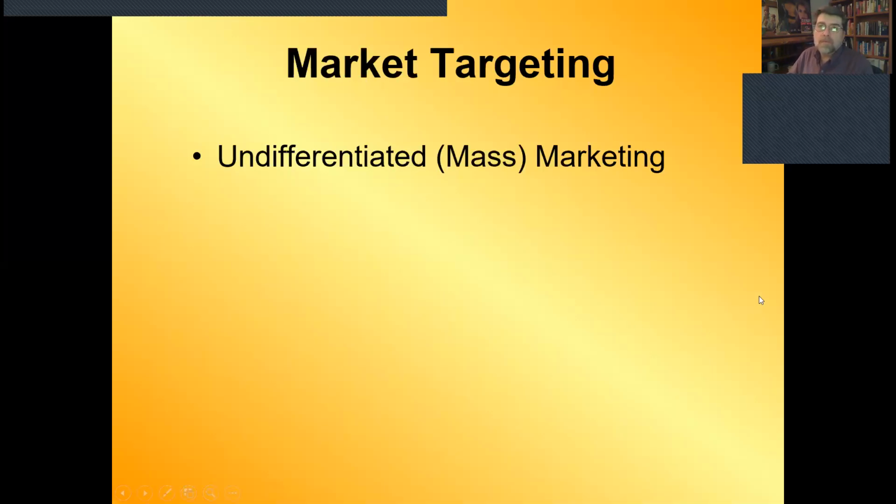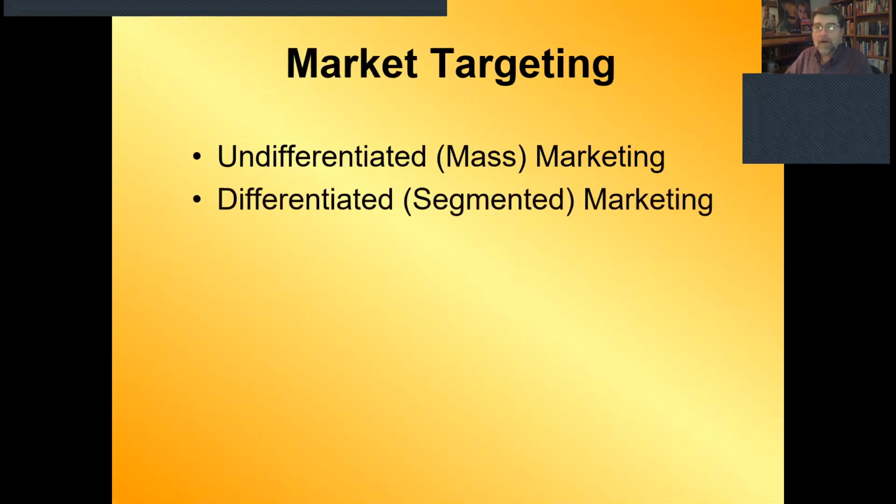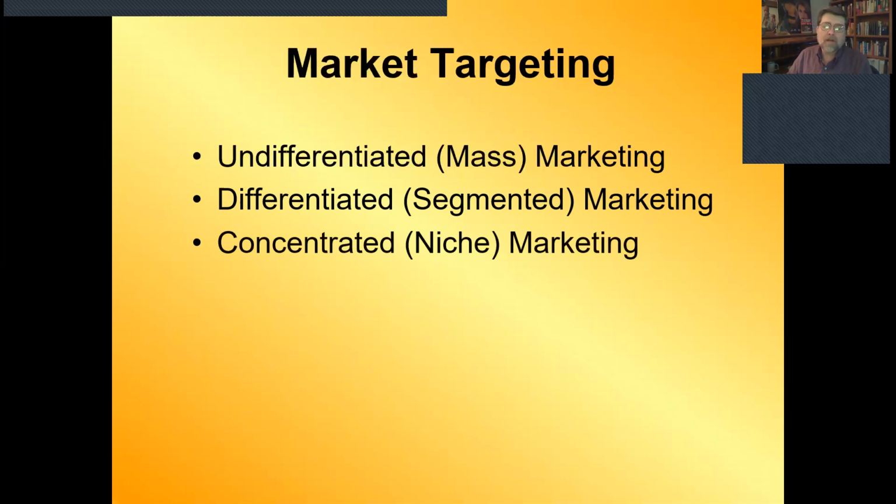Unlike, let's say, magazines, which are very differentiated, we go after different market segments. We've sliced up our pie, and for each group that we choose to serve, we are going to alter our marketing mix, whether it's our advertising or something else, just for them. And if we go in the opposite direction, we can do concentrated or niche marketing. This is where we go after a market segment that's usually very small, often overlooked.